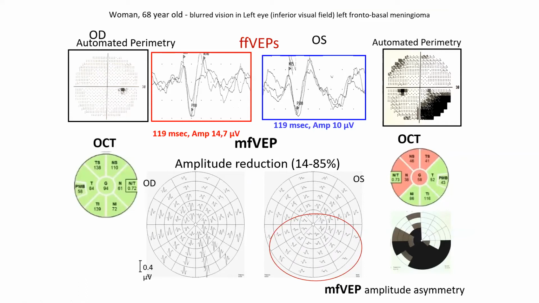Another reason to complement with multifocal VEPs could be the fact that in case of partial lesions of the optic nerve, particularly in the periphery, you can have a normal full field VEPs where only by investigating the involved sector, you might have a good correspondence with the visual field testing.